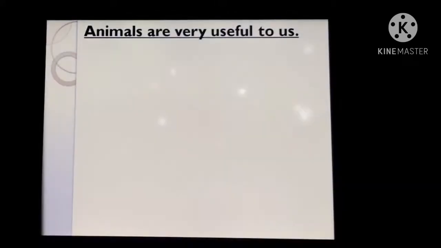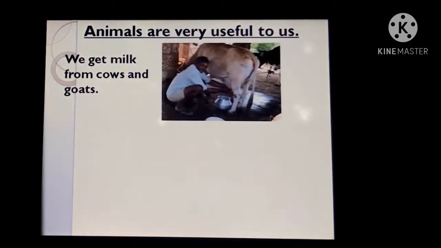Don't you know that animals are very useful to us? How? For example, number one, we get milk from cows and goats. That is very delicious.